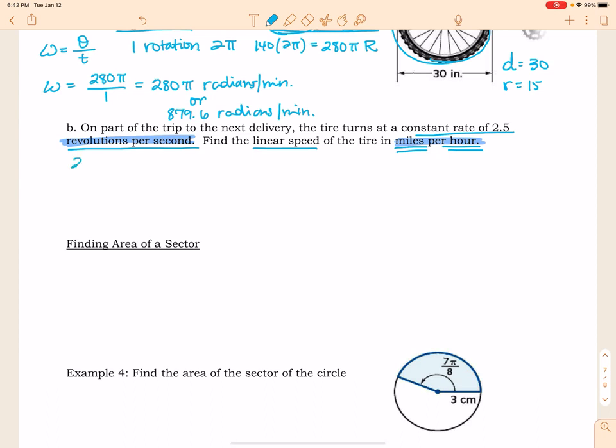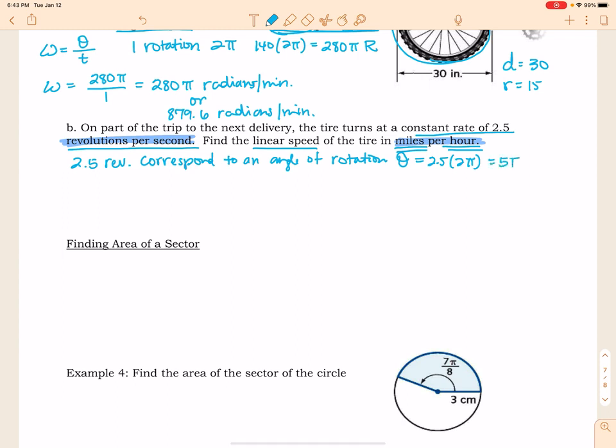So I've got 2.5 revolutions, and those revolutions correspond to an angle of rotation theta. So that is going to equal 2.5 times 2 pi because 1 revolution would be 2 pi.